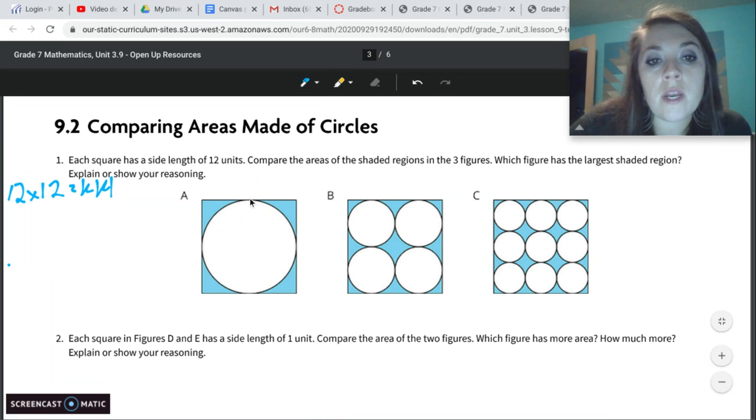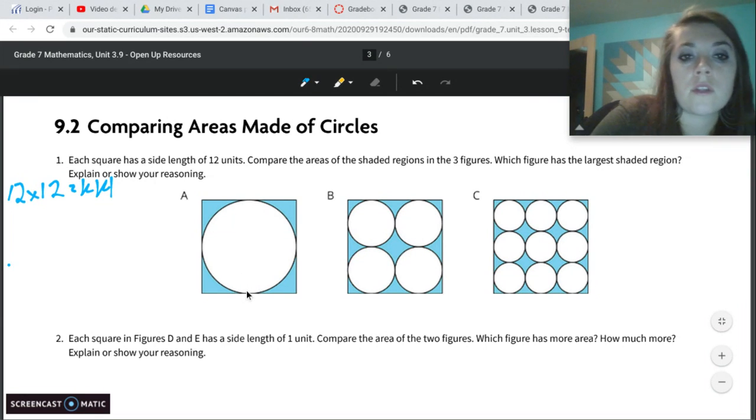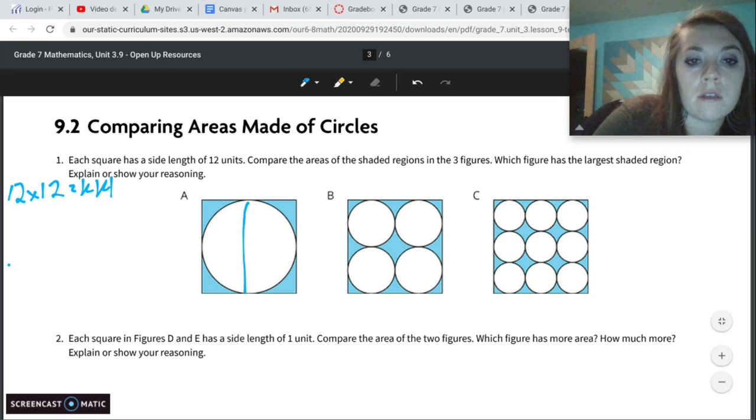So in this first one, notice the sides of the circle are on the sides of the square, which means the diameter of this circle is 12, so the radius is 6. So area equals pi times 6 squared.